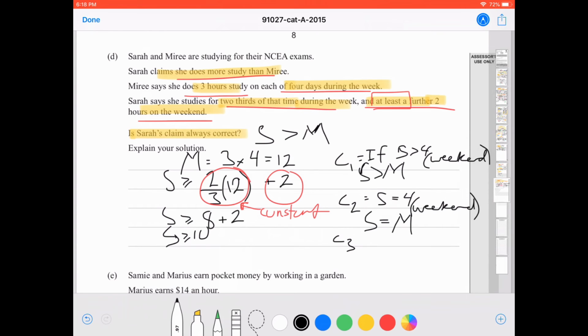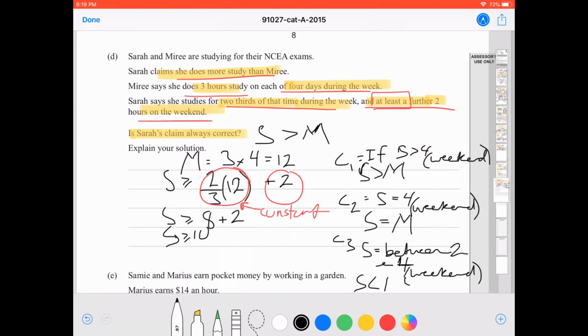Condition 3 now. If Sarah studies between 2 and 4 hours on the weekend, so S let's say equals between 2 and 4 on the weekend, then she studies less than Marie.